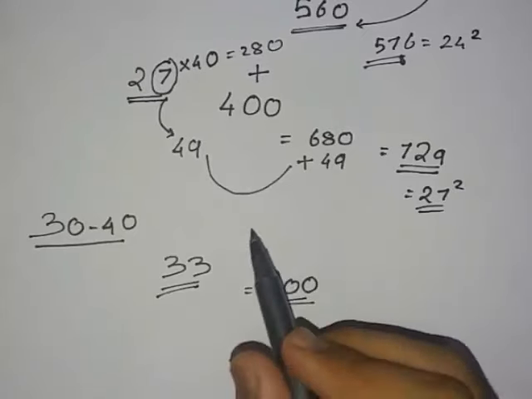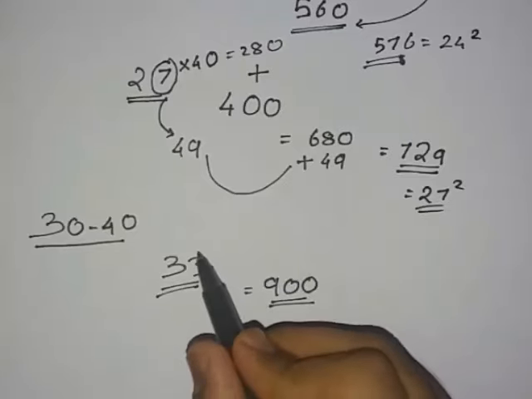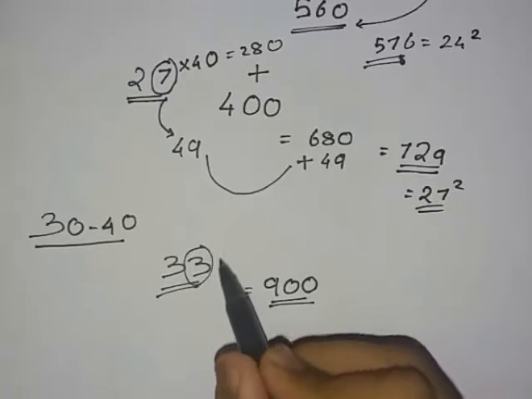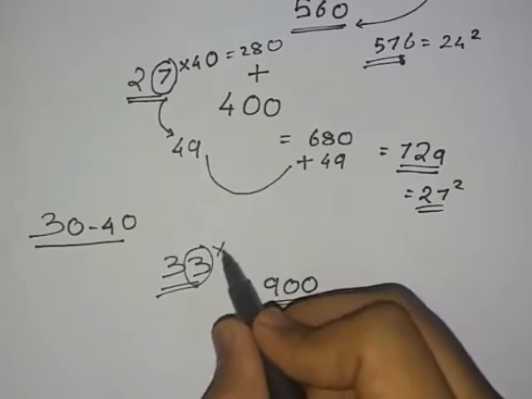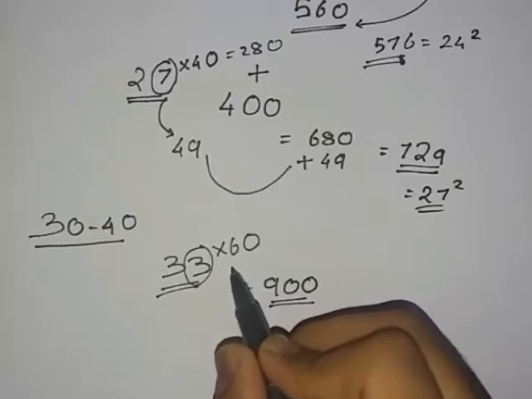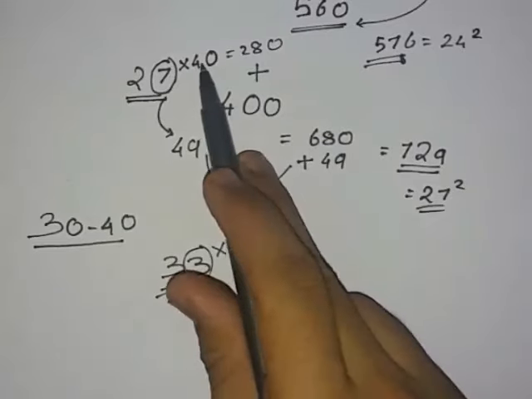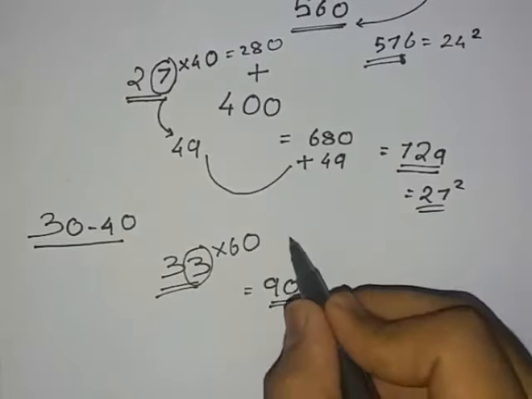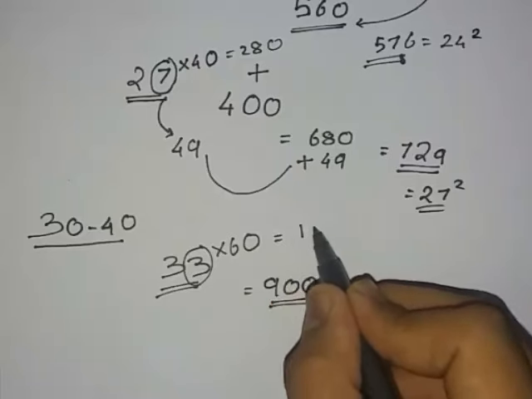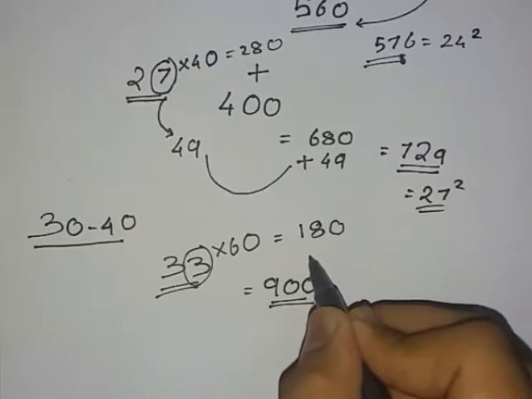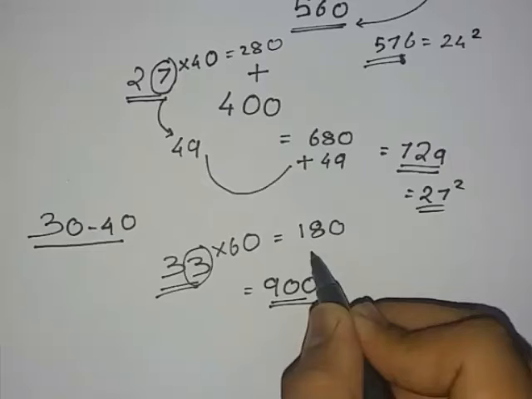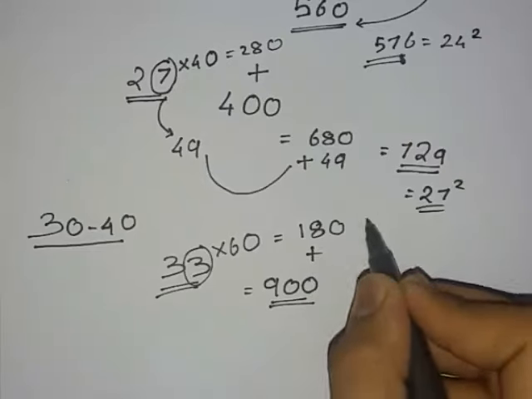And in every single step like we did between 20 to 30, take the last number. All we have to do is multiply it by 60. In the first step we multiplied it by 40, now we are multiplying by 60. We get 180. And in every same step we have to add these things.